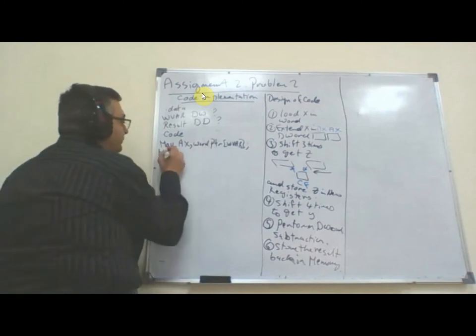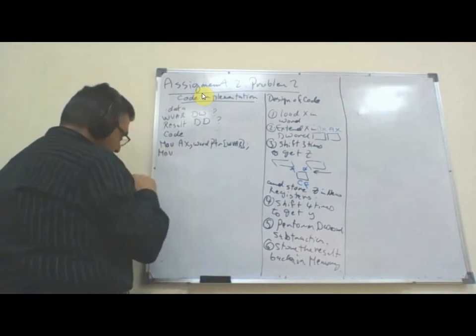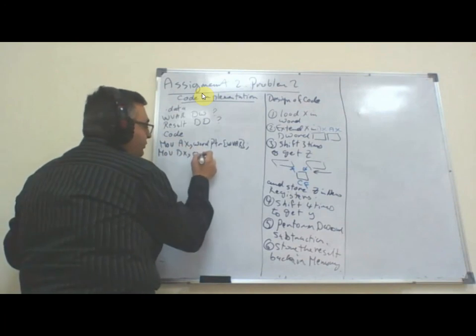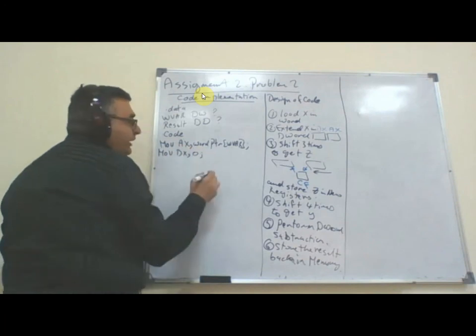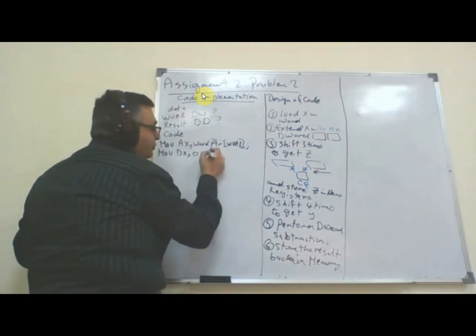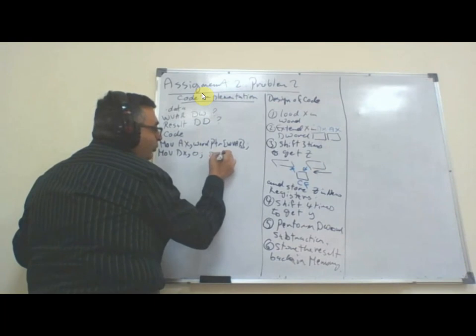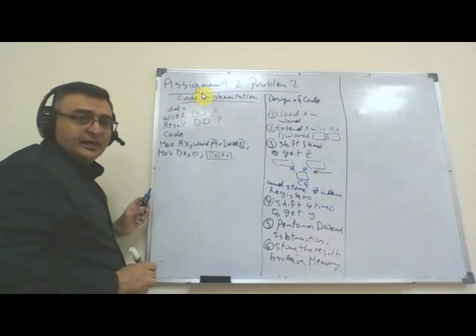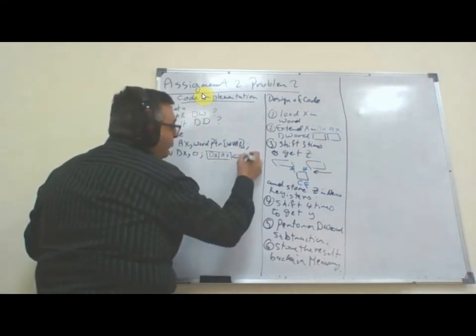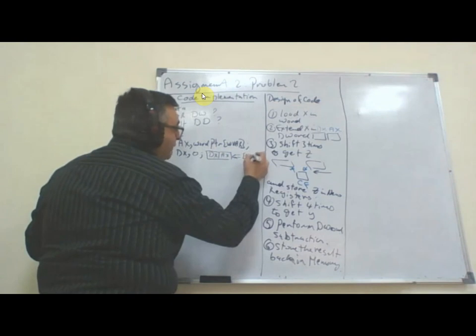And we'll move in DX the value 0. Now the content of W var is stored in the double word AXDX. Together it is now carrying the value of memory W var.